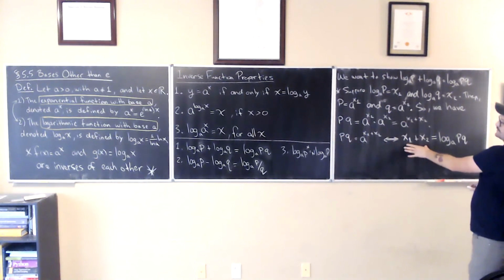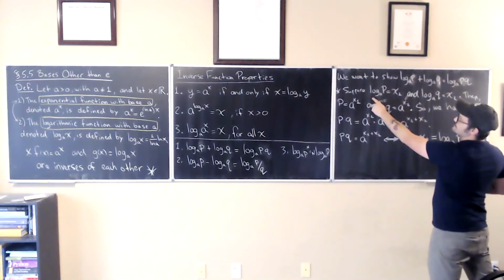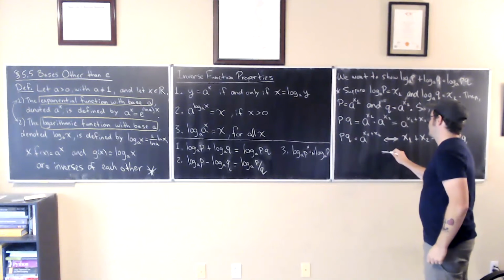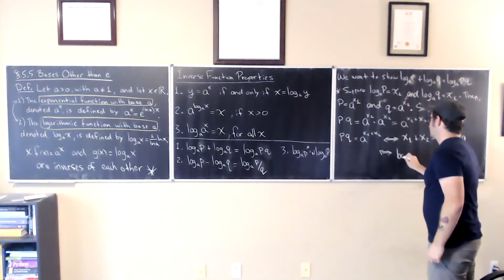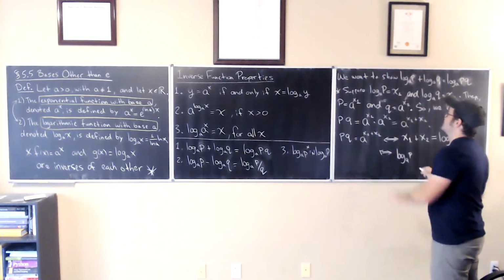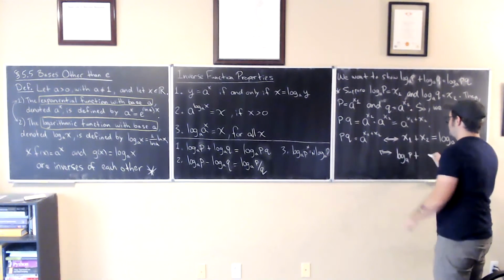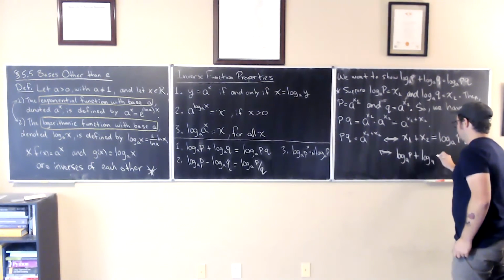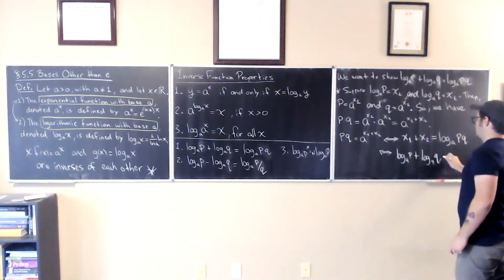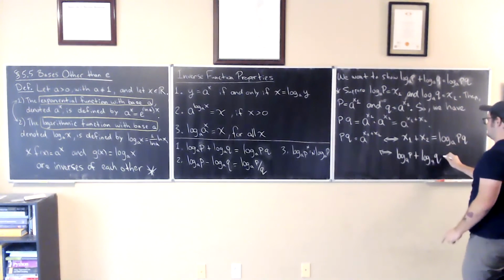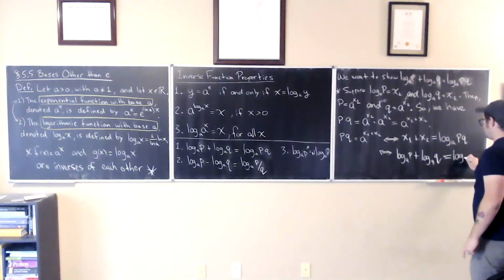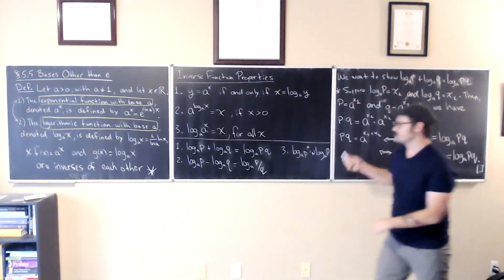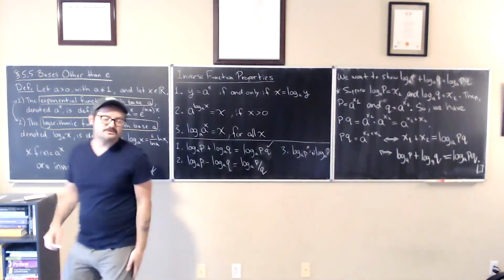But what's X1 and X2? X1 is equal to log base A of P, X2 is equal to log base A of Q. So then we have log base A of P, which is X1, plus log base A of Q, which is X2, is equal to this side, log base A of P times Q.